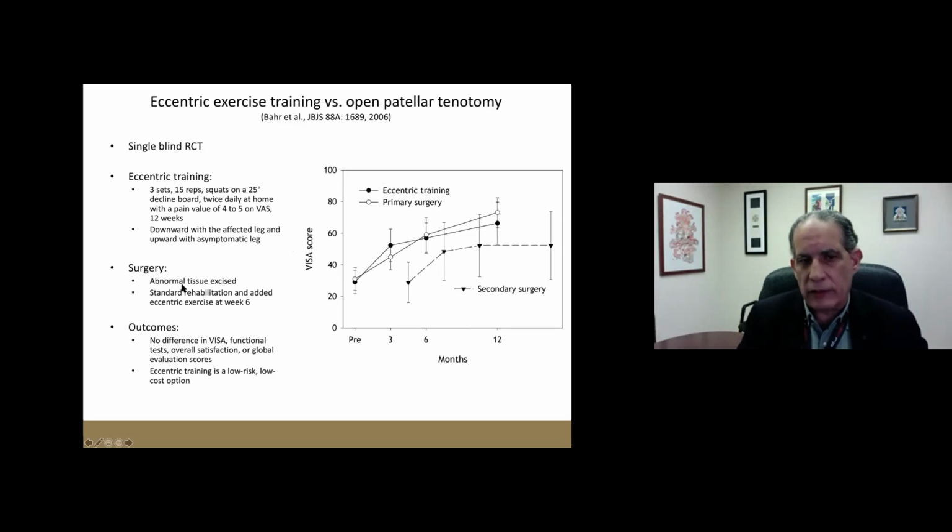And of course, the standard surgery. And the outcomes were that there was no difference between the two. Eccentric training was as effective as surgery. And of course, if you ask an athlete, do you prefer to do exercise and train, or do you prefer to have surgery? What they will tell you is, I prefer the exercise training.